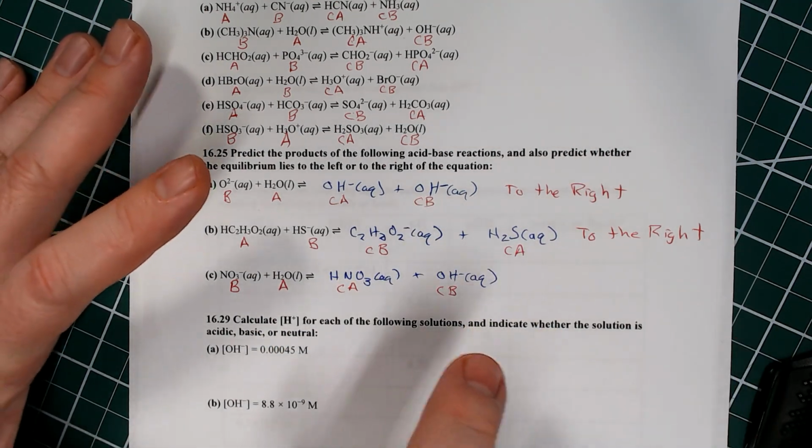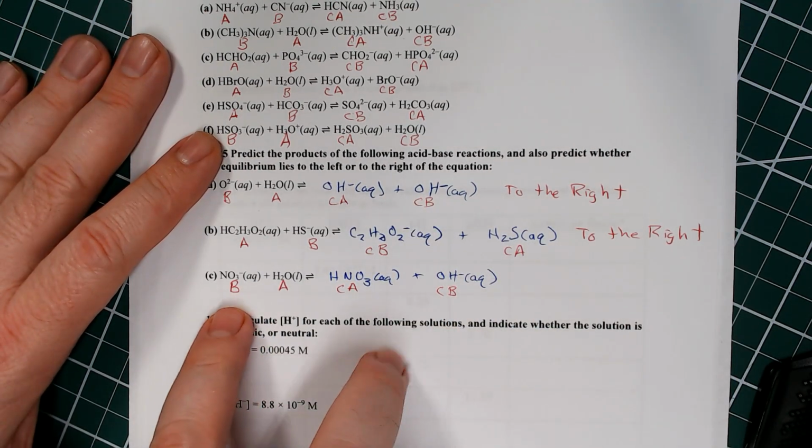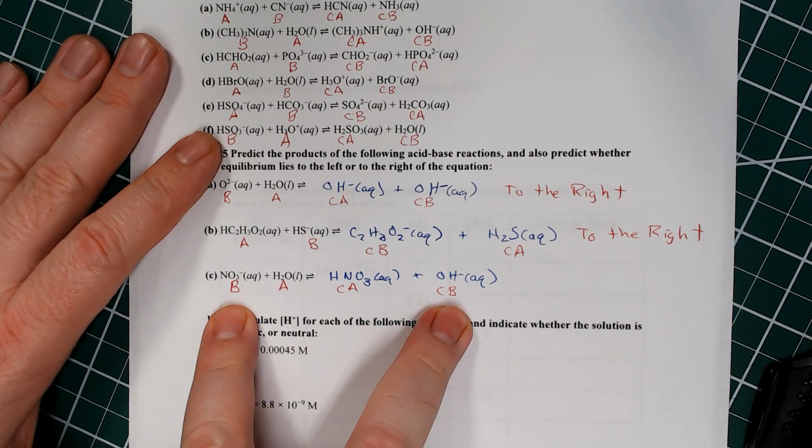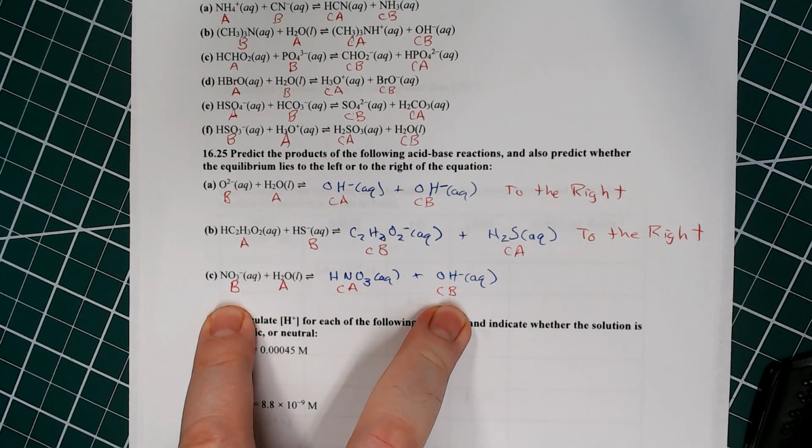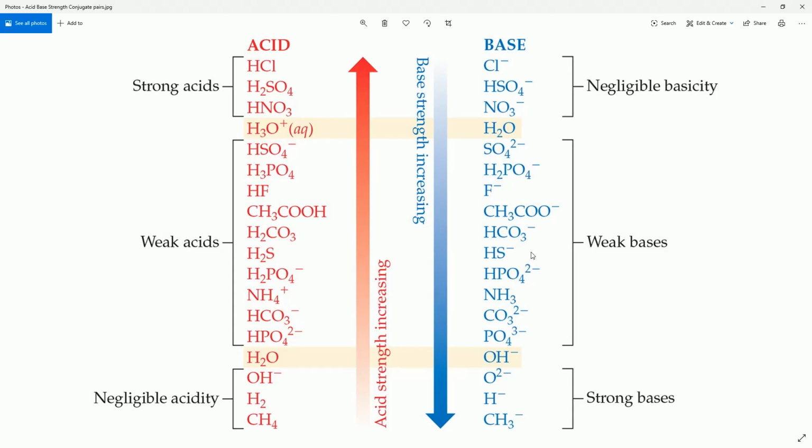So now we want to look at our two bases, nitrate versus hydroxide, and see which one is stronger. You probably don't even need to look at this list to do this, but here we go. Here's hydroxide down here, a pretty strong base.